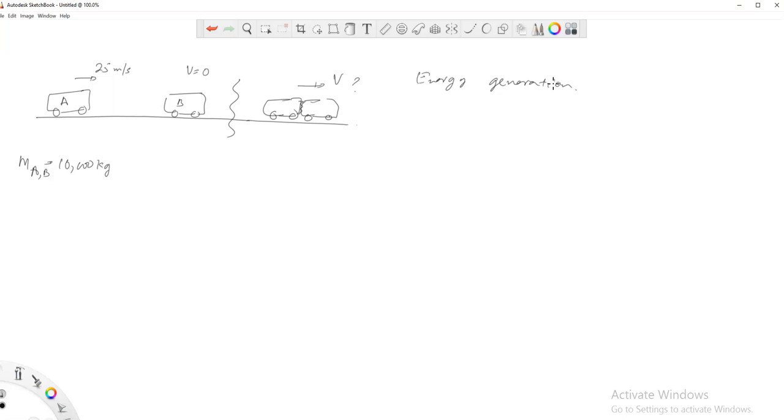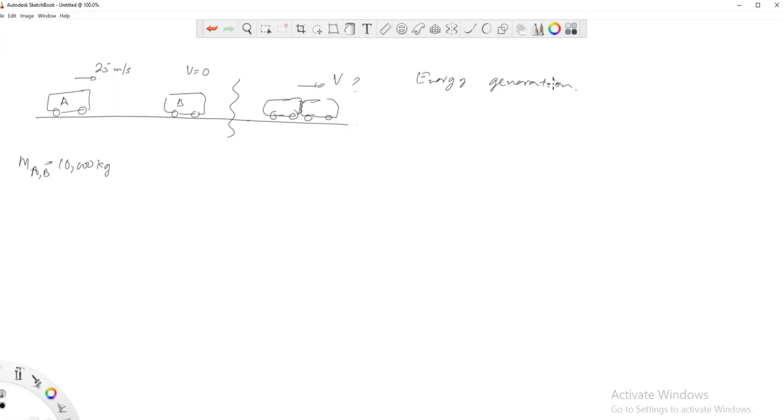Now think about solving this problem using kinematic equations. We need to know how much deceleration for the initial car. It's coming at a high velocity, it's going to lose that velocity, right? It's going to slow down. So we need to know what that final velocity is and how long it took to drop this velocity. What's the distance it traveled during this slowing down process?